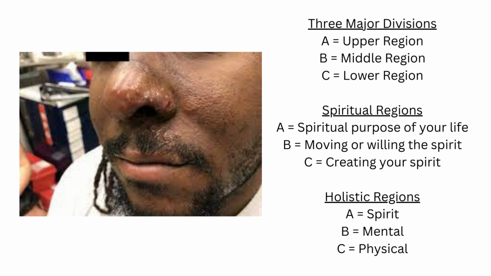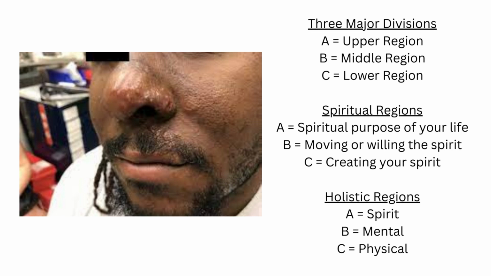All right, look at this brother's nose. A or B or C? It's definitely zone A. I'm trying to think of how much of zone B is here, because he doesn't have a long nose shaft.